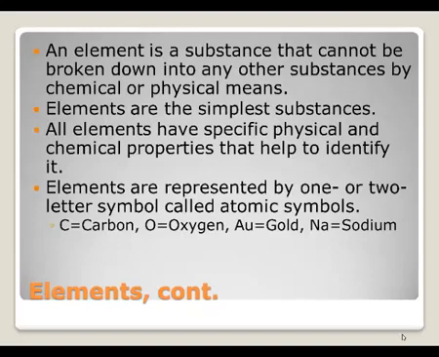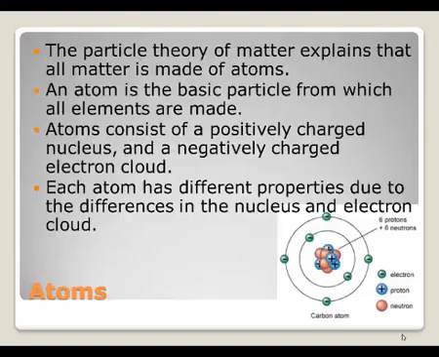So it's important for us to realize that the symbol letters of an element don't necessarily line up with the first letters of its name. Those atomic symbols are not necessarily related to the English spelling of that element.